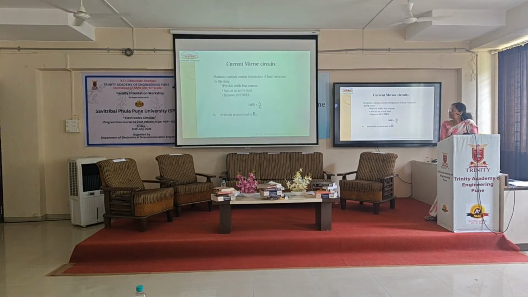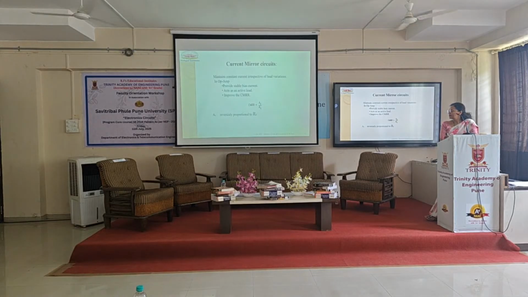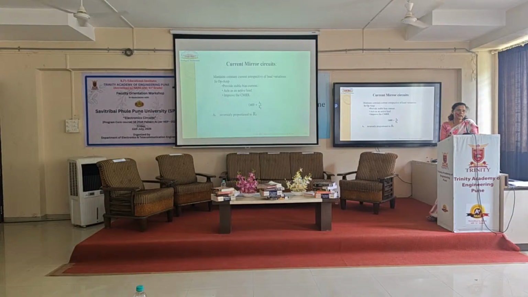Now, main purpose of the current mirror circuit is to improve the CMRR of the operational amplifier circuit. This CMRR is the ratio of differential gain to the common mode gain, and common mode gain is inversely proportional to the R. And we know the limitation of using passive components of large value. Instead of using large value of passive component, we have to replace it by active, and that is nothing but the current mirror circuit.